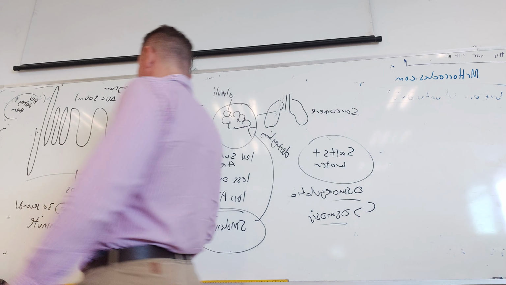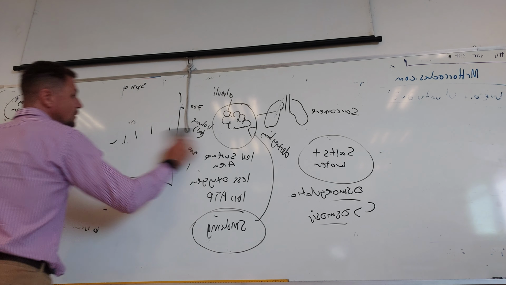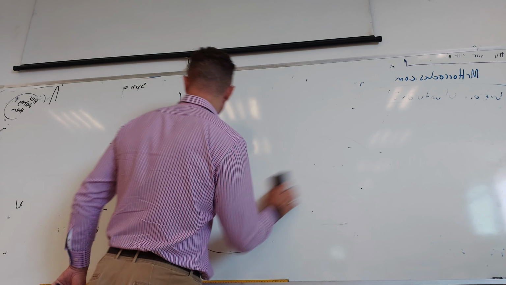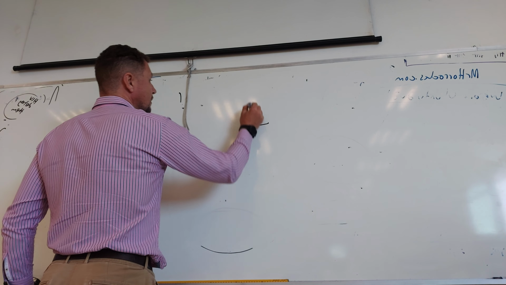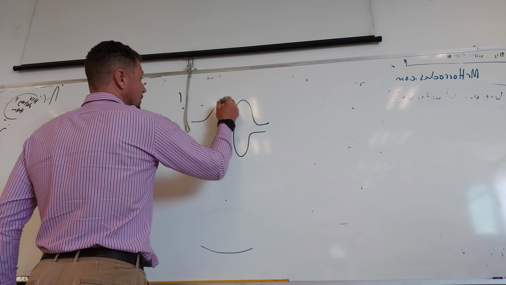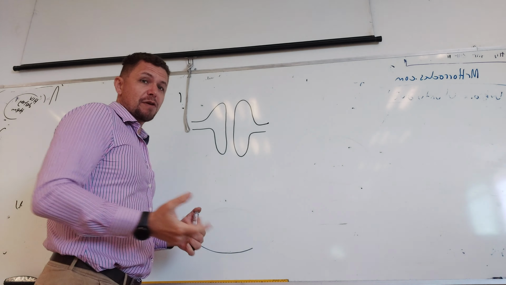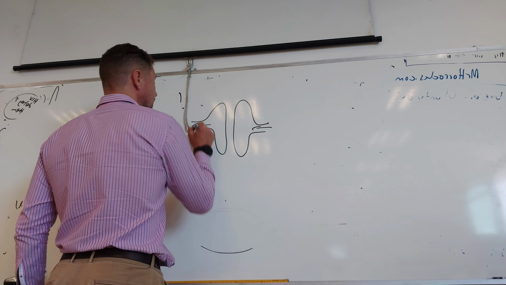Neonicotinoid pesticides. So what neonicotinoid pesticides do, they work here. You've got a synapse. A synapse is a place where you pass an impulse from one cell to another.